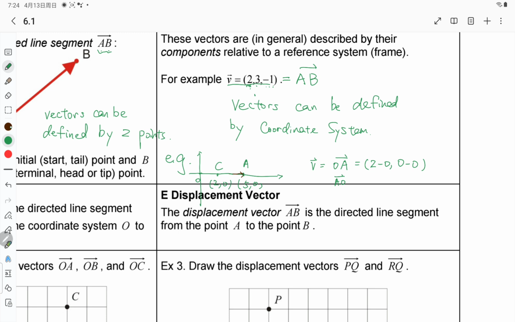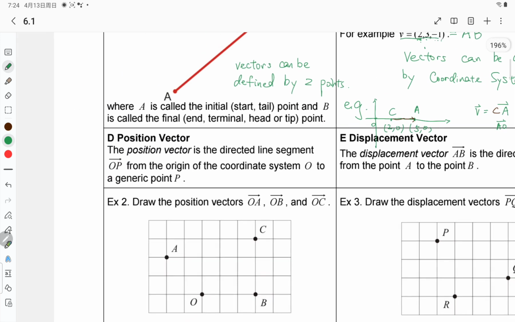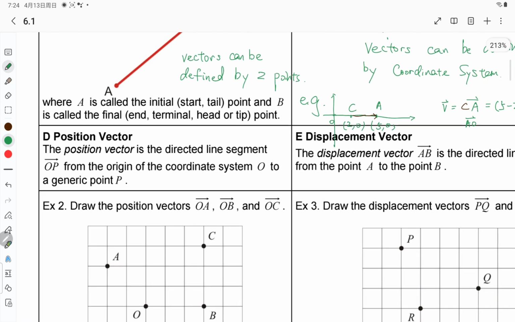And then what about CA? C to A, as you know, it's not simply (5, 0) anymore, right? It is 5 minus 2 and 0 minus 0, okay?